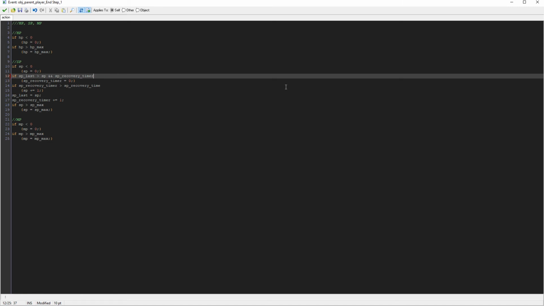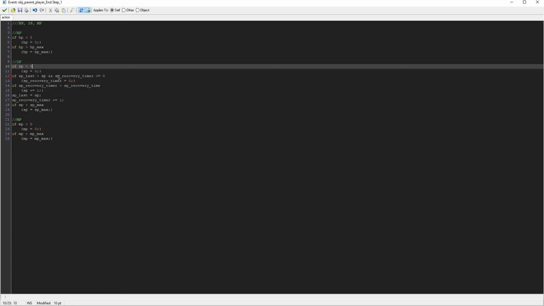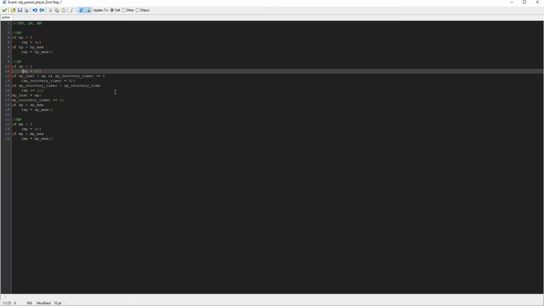No. It's larger than or equal to 0. There we go. If SP is less than 0. Then SP, if SP is less than 1, then SP equals 0. Oh, nope.